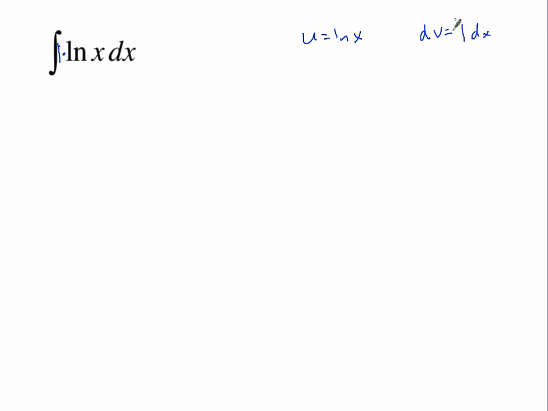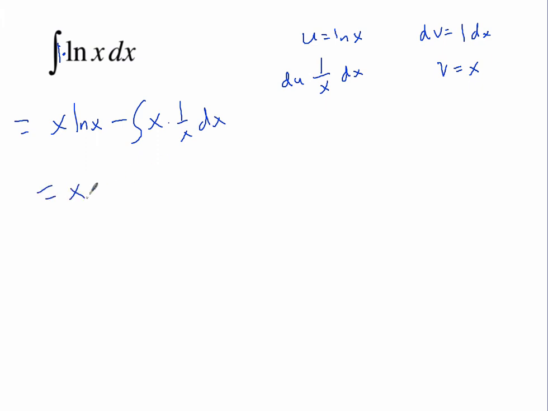If I integrate that, I get x, and if I differentiate this one, I get 1 over x dx, so that's du. So this becomes uv, which is x ln x, minus the integral of v du, so that's just x times 1 over x dx. So that's x ln x minus the integral of 1 dx, so that is x ln x minus x plus c.